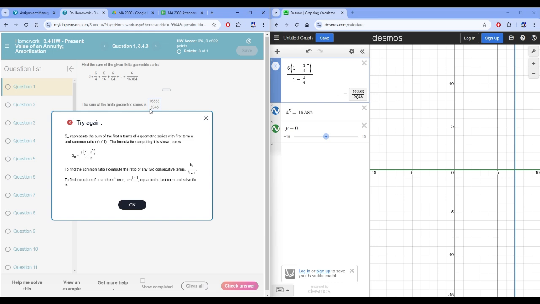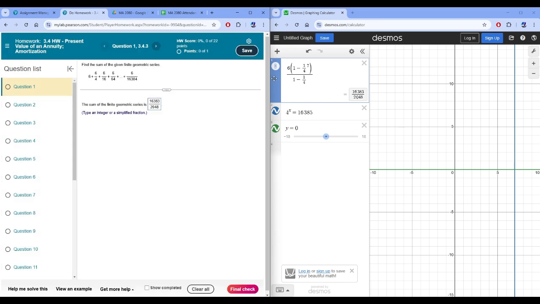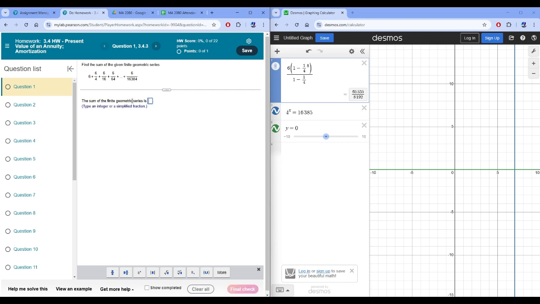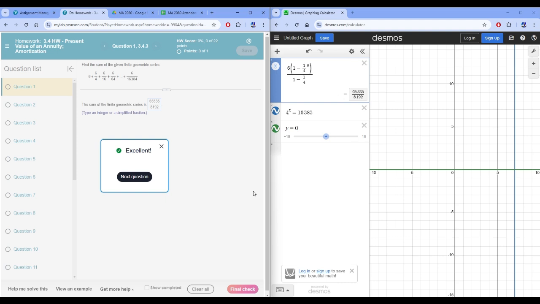It starts with 6. I'm multiplying 1/4 seven times. Oh, I think it's actually 8. I think there are 8 terms in this number because you have to add 1. So let's try this: 65535 divided by 8192. There we go. The reason I messed it up is that this is 1/4 to the 0, so there are 7 numbers plus 1, which gives me 8, and that's why I got the answer.